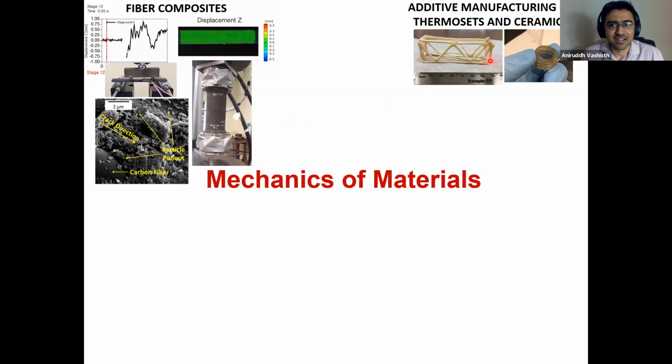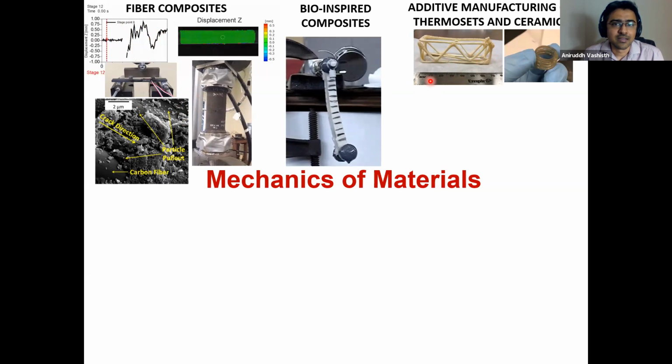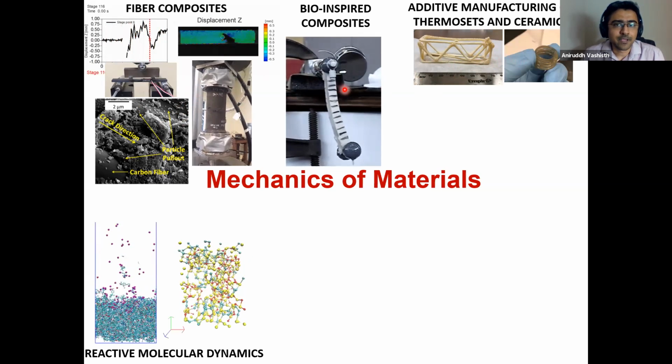Another area that I'm actively involved in and plan to pursue in future is freeform additive manufacturing of thermosets and ceramics. I've also worked on bio-inspired composites, another area my lab will be working in actively.